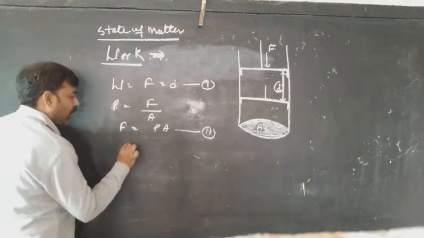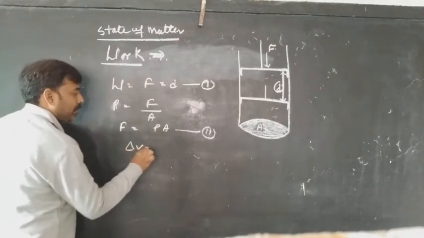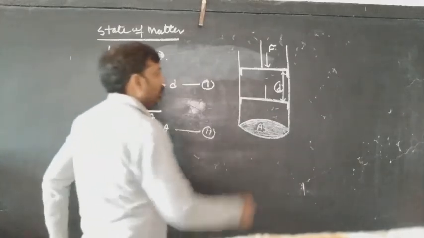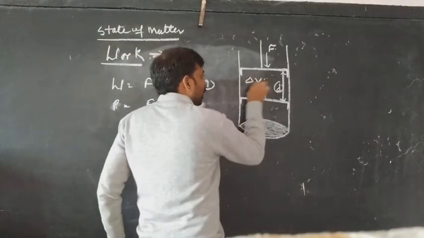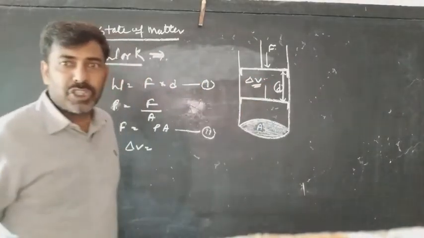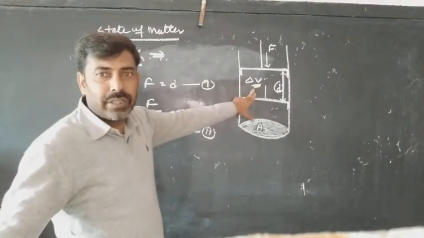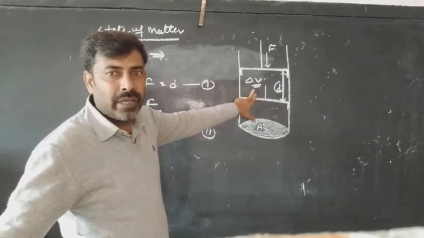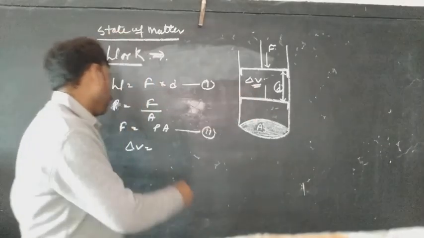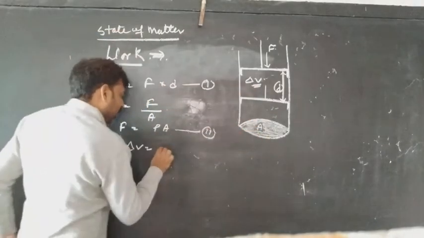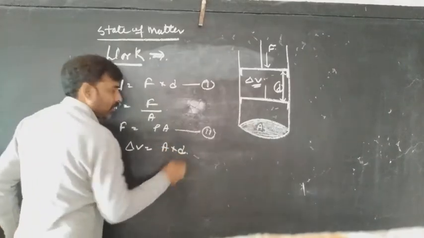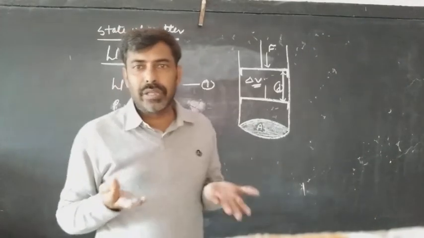Similarly, you can say that the volume delta V, if the volume of this area, that is the area of the displaced air, is delta V, then the volume equal to area of cross section A into D, that is the area of base into height, that is the volume.